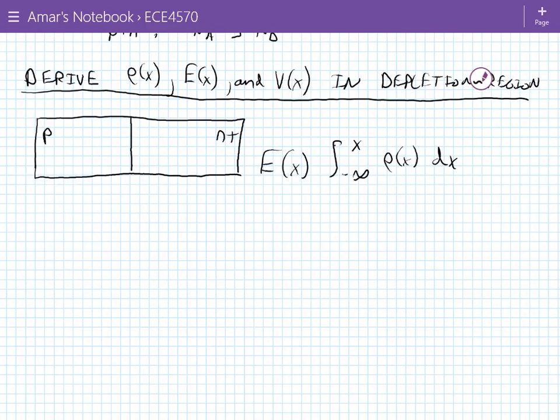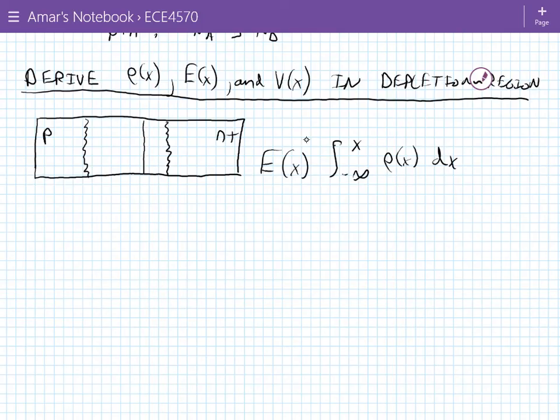This means that the doping on the N side is larger than the doping on the P side. This is the interface here. The depletion region on this side begins here. The depletion region on the P side is going to be longer than that, because of that relation that we just talked about, the space charge neutrality.